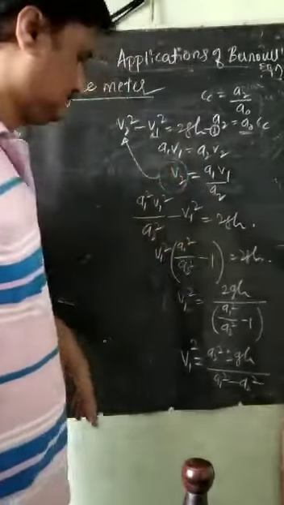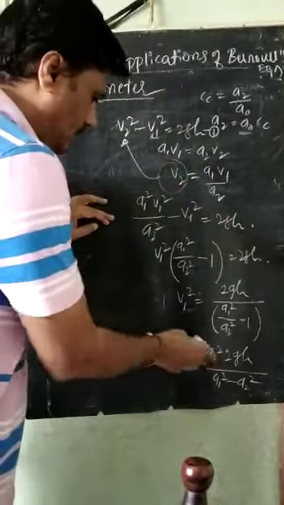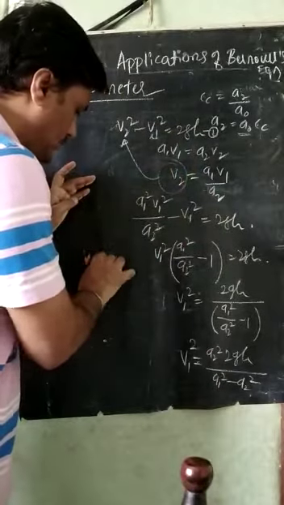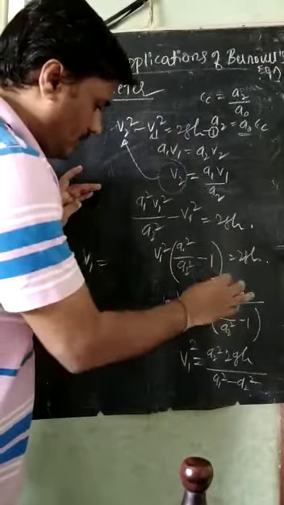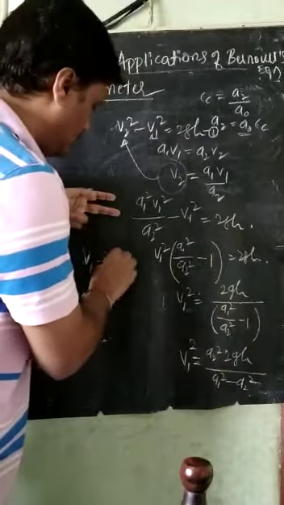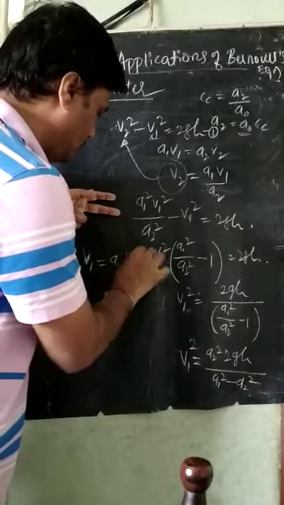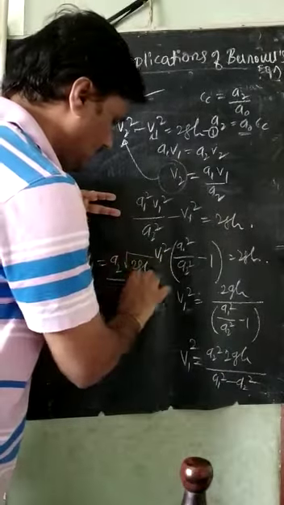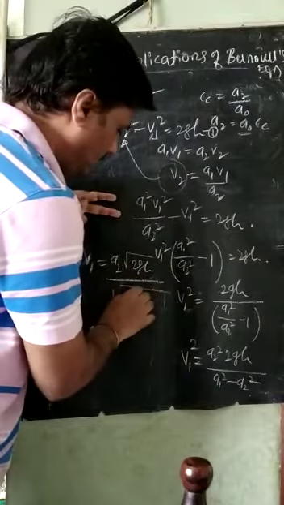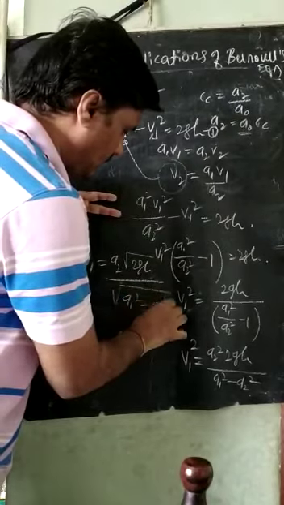Taking the square root, V1 is equal to A2 under square root of 2GH divided by square root of A1 square minus A2 square.